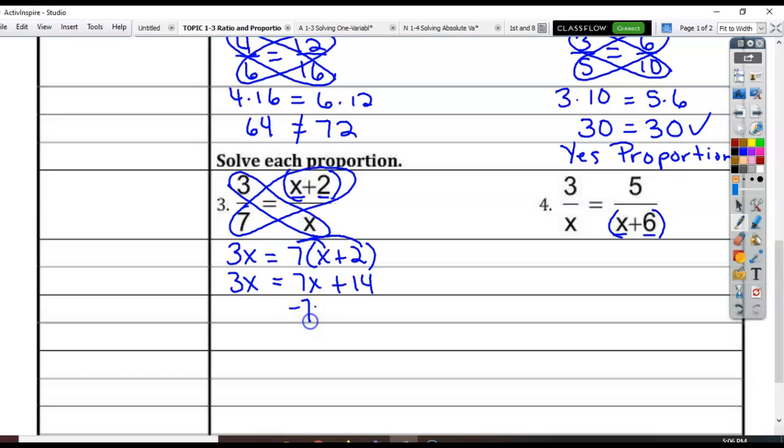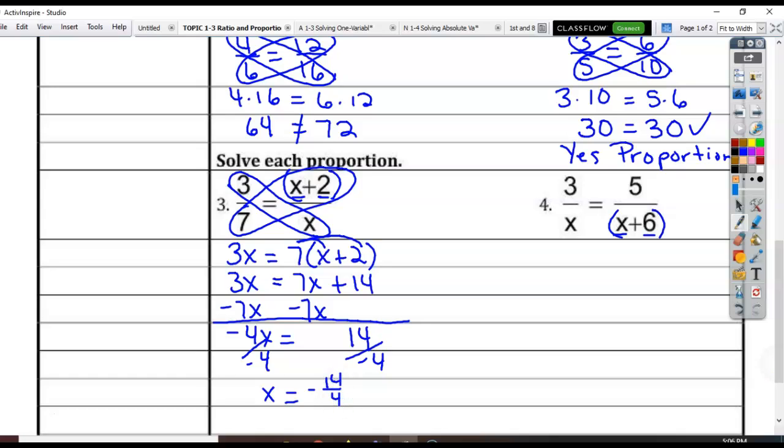Okay, then you're going to do letters left. You get a negative 4x here. 14 right there. There's no numbers to move to the right, so we're going to divide. And your answer is negative 14 over 4. Now, that's not in reduced form.